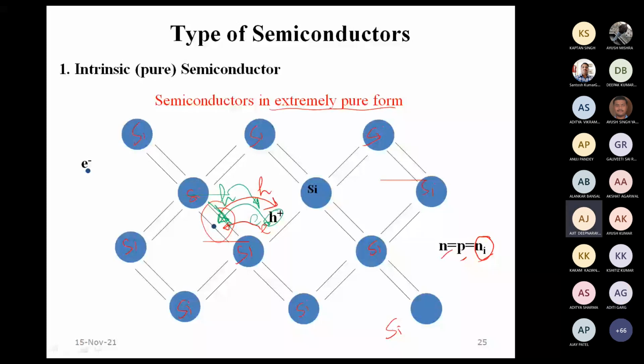And this movement can happen further. Suppose from somewhere else some electron comes and occupies this vacant location, then the bonding is complete here.